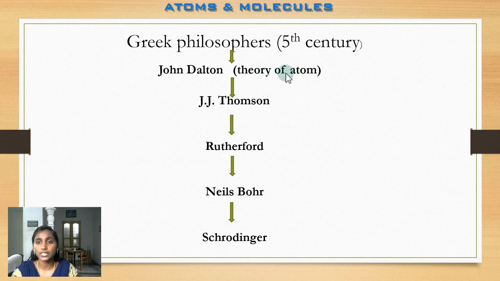John Dalton. Have you noted these 2 questions? Now this John Dalton theory has some limitations. So that was corrected by who? J.J. Thomson, Rutherford, Niels Bohr and Schrödinger, and some other scientists.